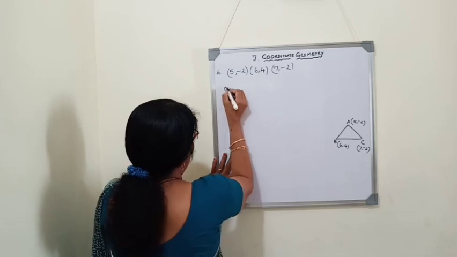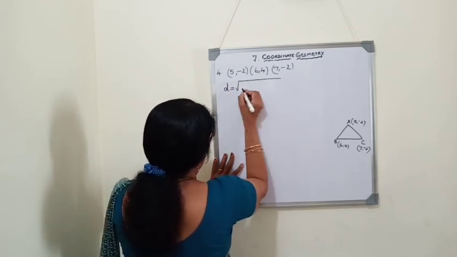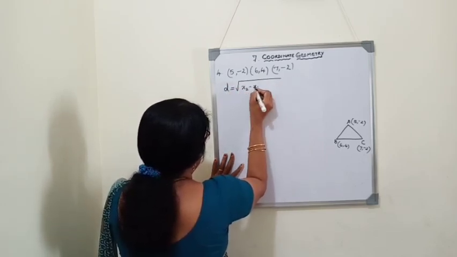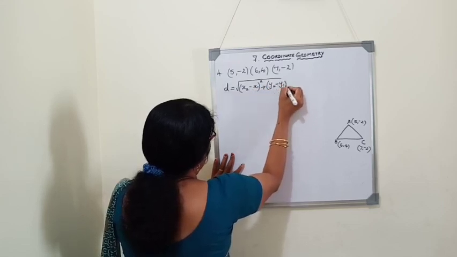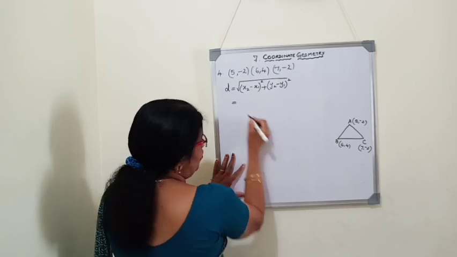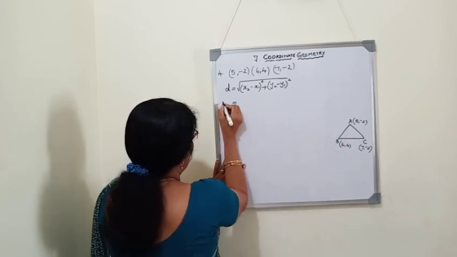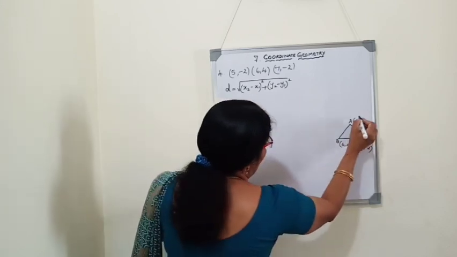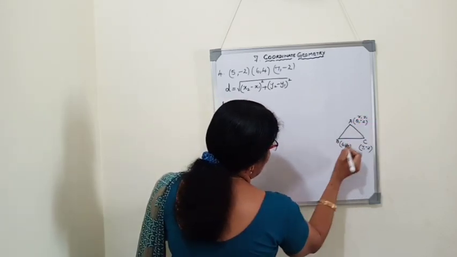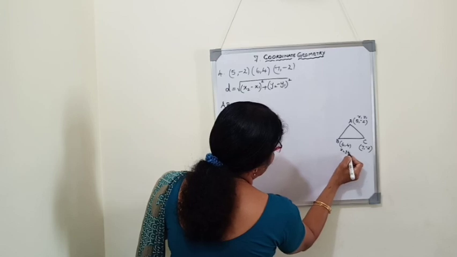So the distance formula we will write: D equals square root of (x2 minus x1) the whole square plus (y2 minus y1) the whole square. So here we will first find out AB. Any one set of points you can take as x1, y1 and another set as x2, y2.